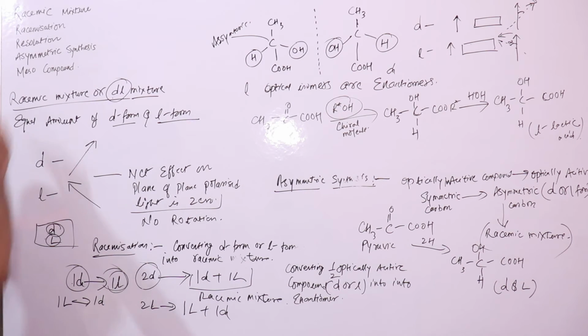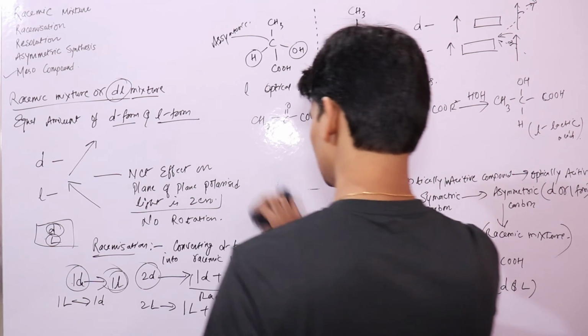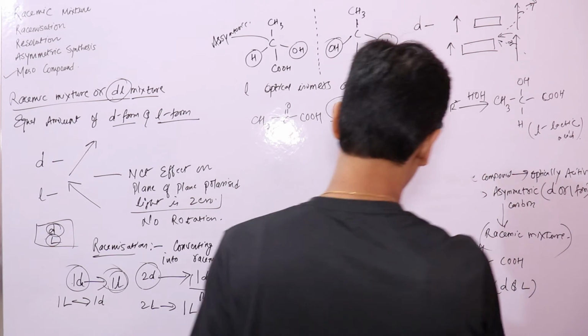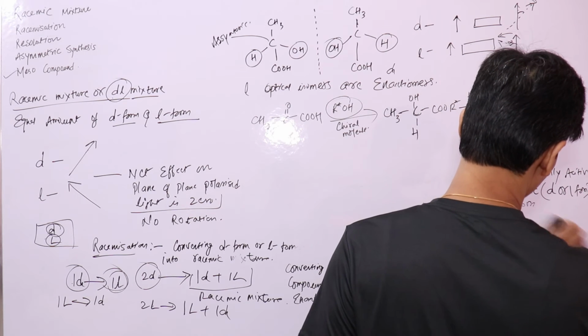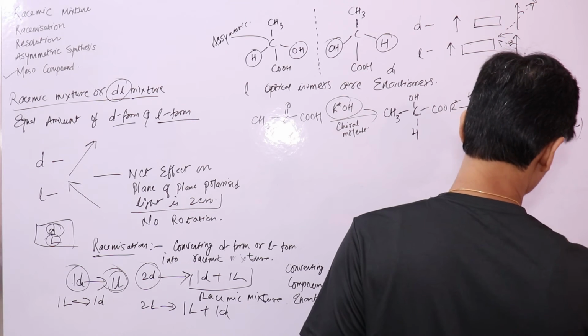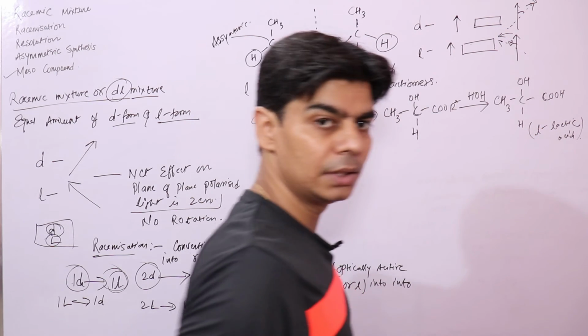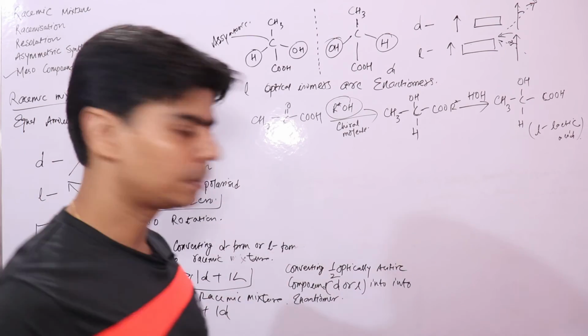Now the last part is your meso compound. If you just recall, in the last lecture we understood mesotartaric acid, right, and what are the conditions for a compound to be optically active. In order to understand a meso compound, you need to know the conditions required for a compound to be optically active.